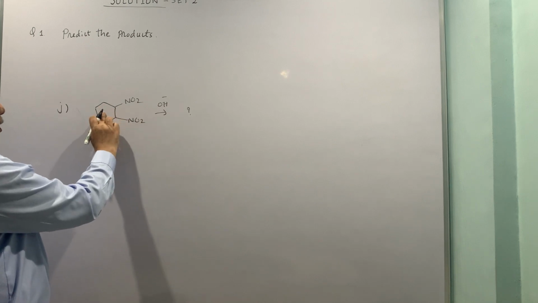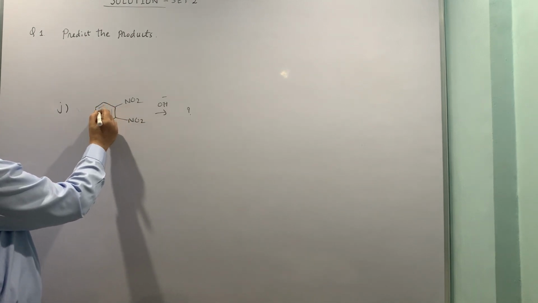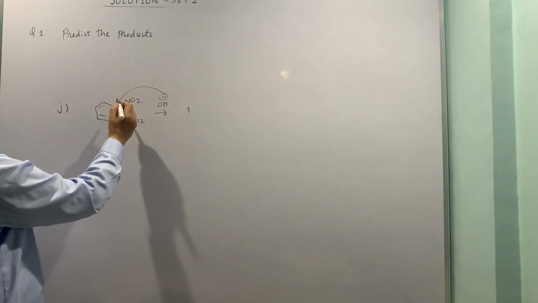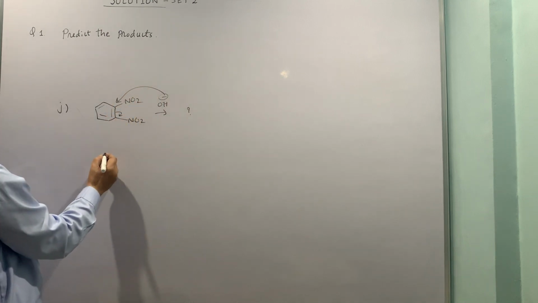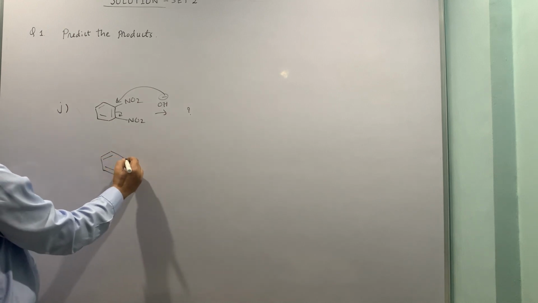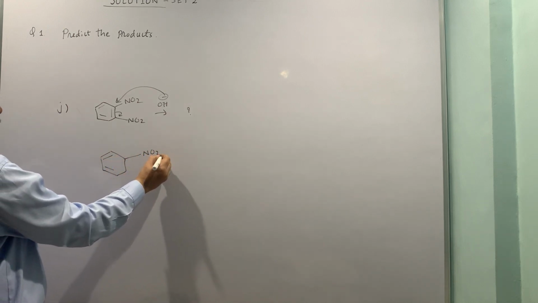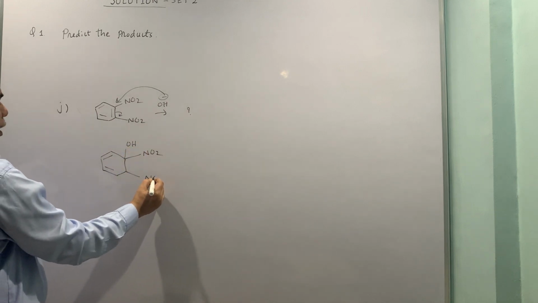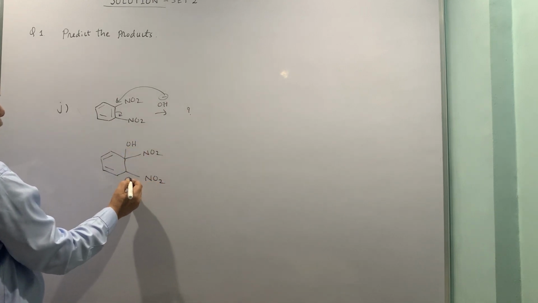So obviously, when this kind of nucleophile is there around, you can show the attack at any carbon which is bearing NO2, and the intermediate would be this: NO2, OH, NO2, and negative charge will be here.